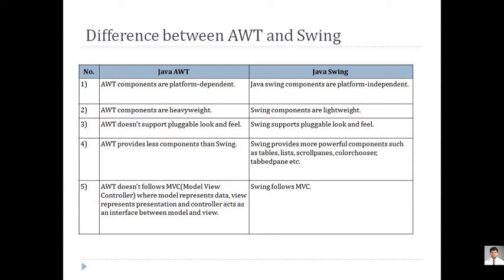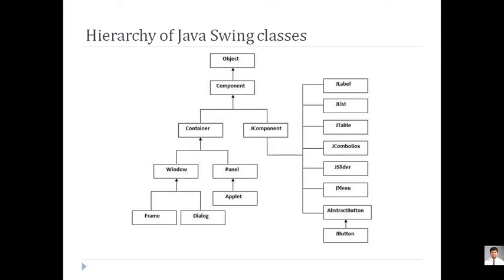It also has one more excellent feature: it supports MVC, that is Model View Controller, where the model is your data, the view is your presentation, and the controller is the interface between the model and the view. So we have seen that it is always preferred to go for Swing components rather than AWT components.